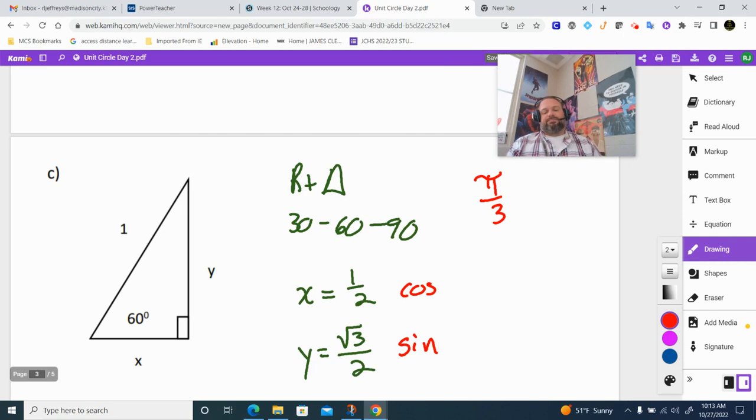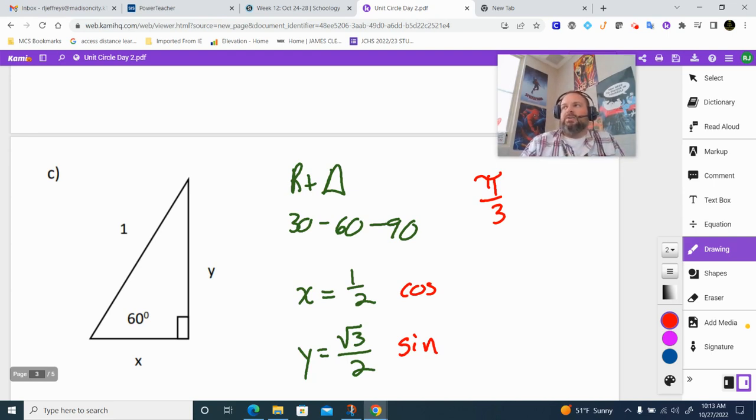Now, I don't think I'm going to have a lot of people remember this, but maybe it will kind of click in a second. Our cosine on the unit circle is our what value?